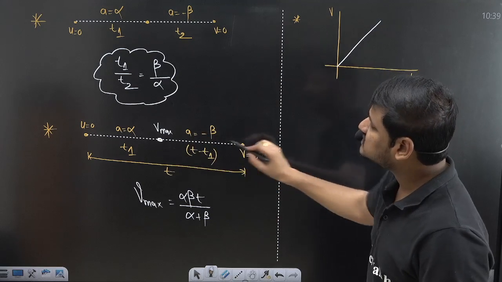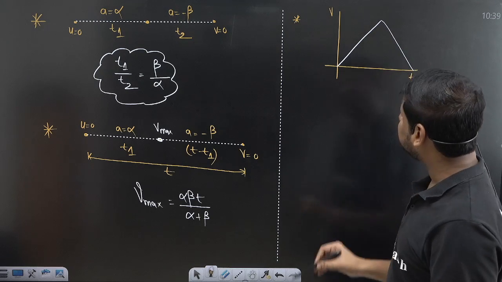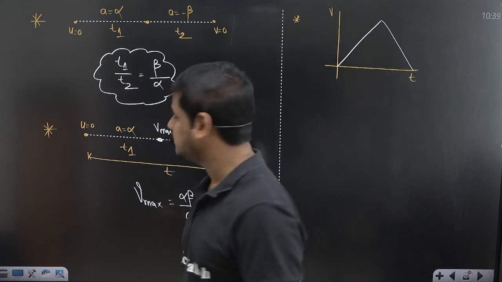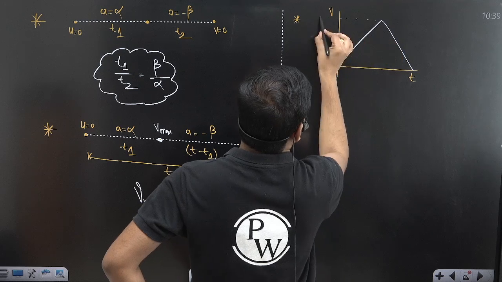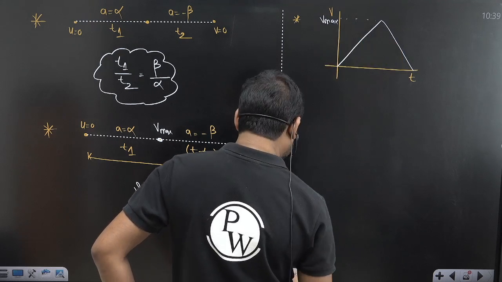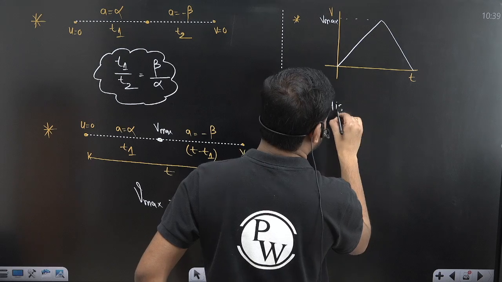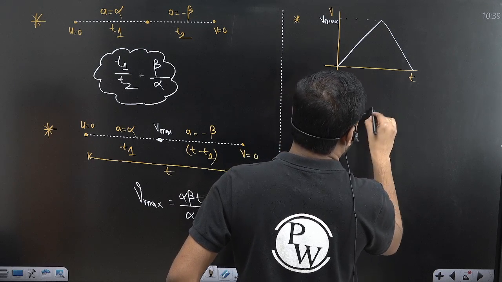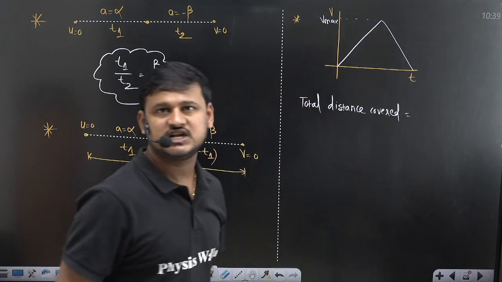From there it starts retarding, so its velocity decreases, and finally it becomes 0 at this point. This is the Vmax point, right? Now what is the total distance covered by the body? The total distance covered will be equal to the area under the v-t curve, shall I simply say?